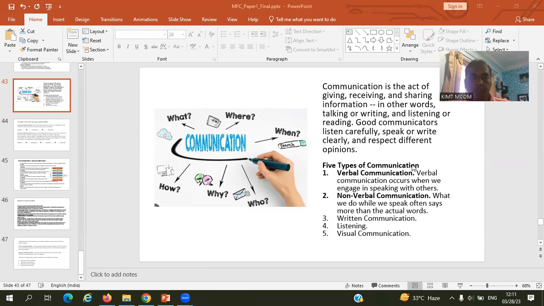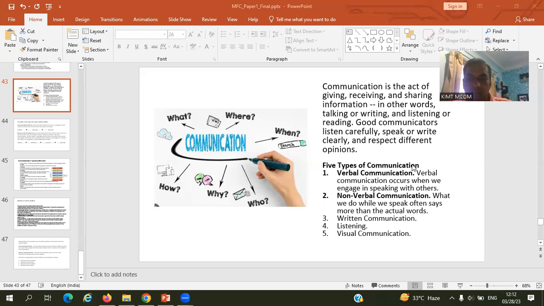That means any task involved in listening, writing, expressing something. It could be in the form of writing, in the form of mouth, in the form of signals. So all that involves communication: how we are communicating to others, how we are telling others. So that is communication.